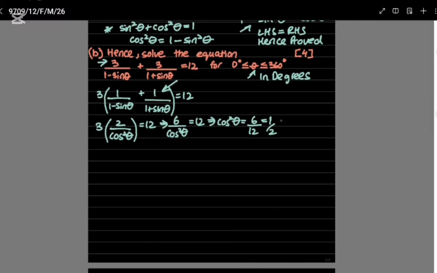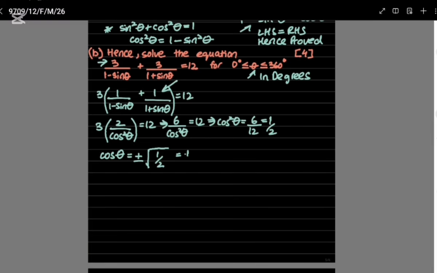Now cosine theta is plus or minus, because we are taking the square root, even root of 1 over 2. What's that?